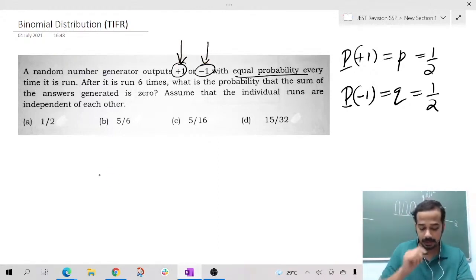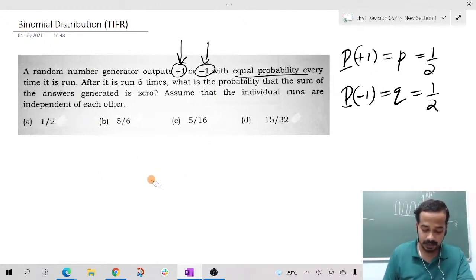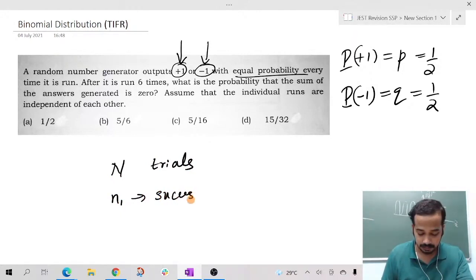Now look at here. We say we have done n trials. Suppose among those n trials, n1 are successes and n2 are failures.